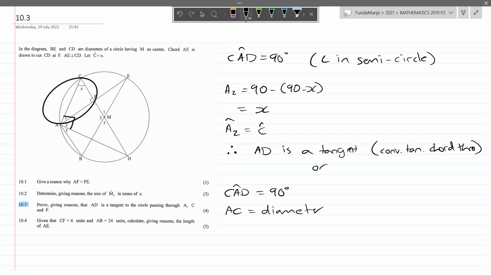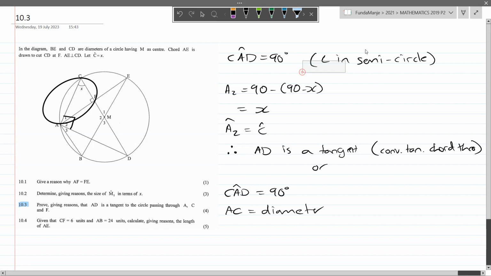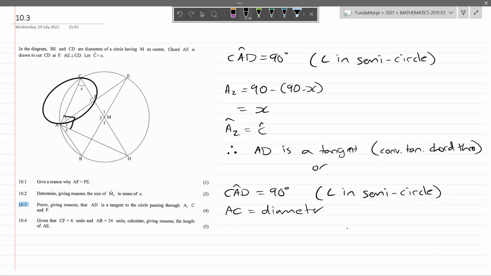So here we're using similar reasons. Angle in a semicircle, that's the same reasoning over here. And AC is a diameter. Why do we say AC is a diameter? Because of the angle in a semicircle. So we know because it subtends 90 degrees, therefore it has to be a diameter.